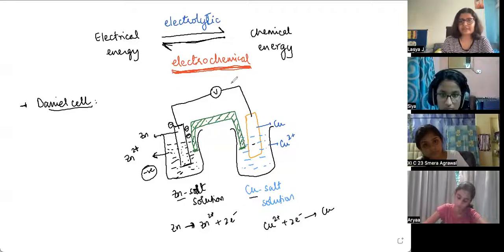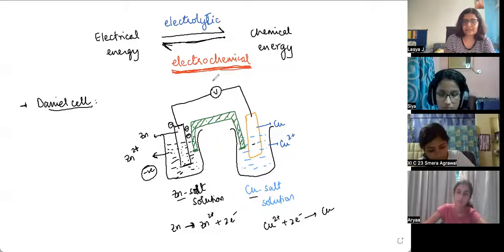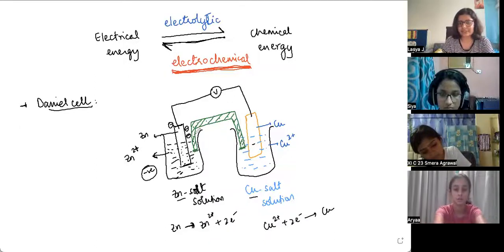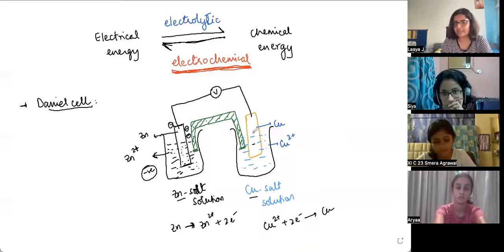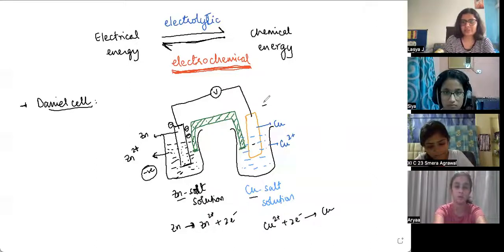So when you do that, you notice that there is flow of electrons, there's a potential being created, with an excess of electrons produced over here, and the electrons are taken up by the copper as they flow. So you have a positive charge created over here. One side has more electrons, the other side has fewer electrons.